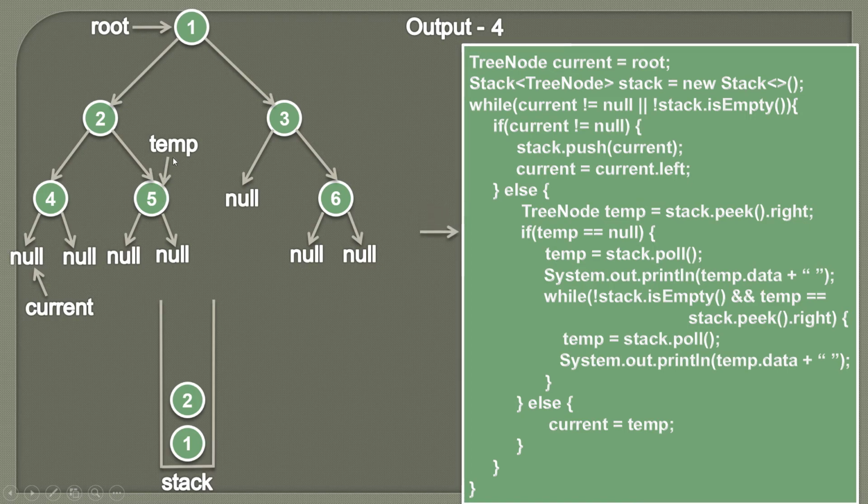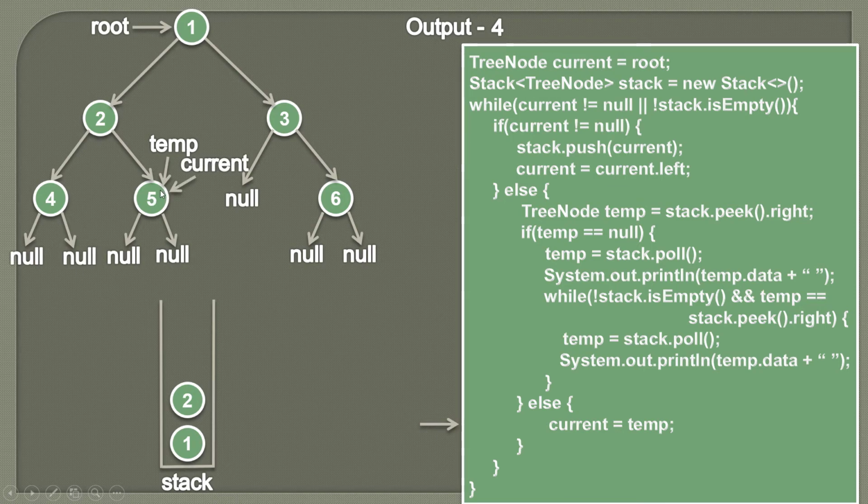And here we will check whether temp is equal to null or not. Here temp is not equal to null, which signifies that on the right part there is a node which can also have left and right children. We can't directly visit this node because it might contain left and right children. So this condition comes out to be false, and we go into the else part, where we assign temp to current. Why are we assigning temp to current?